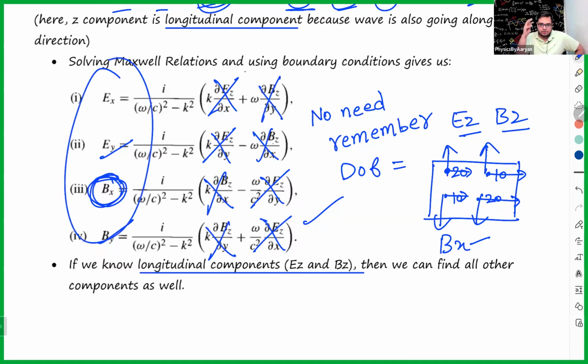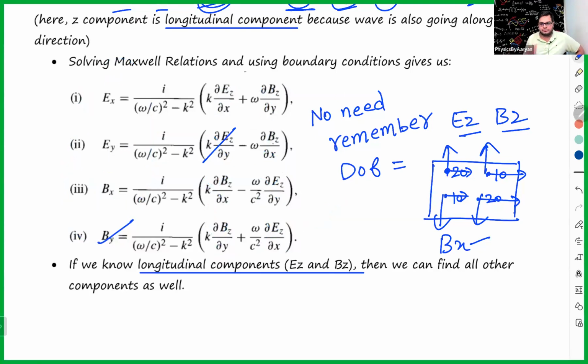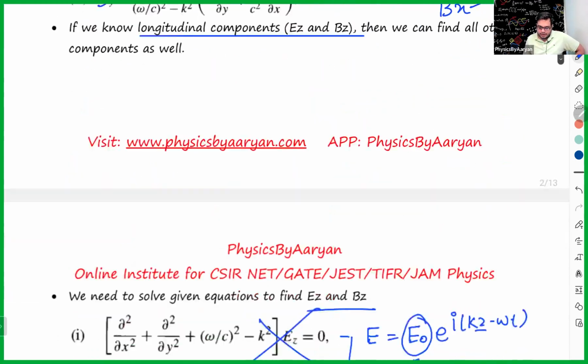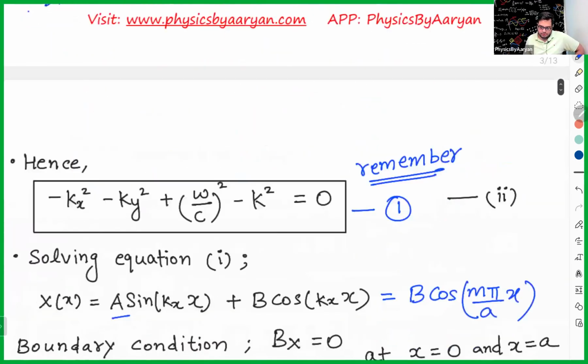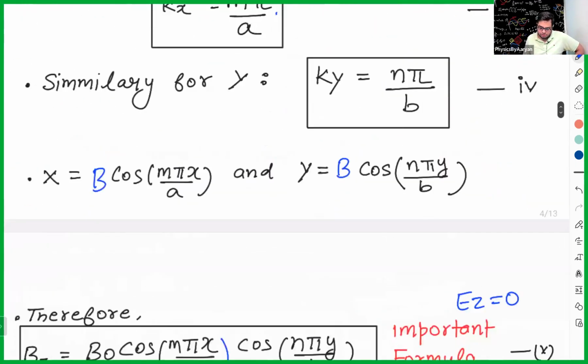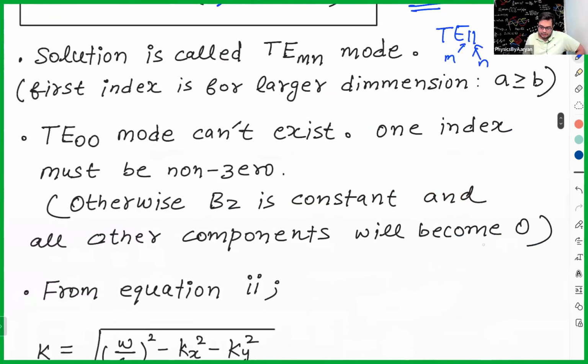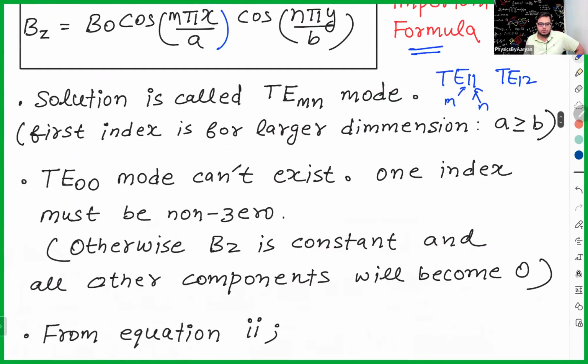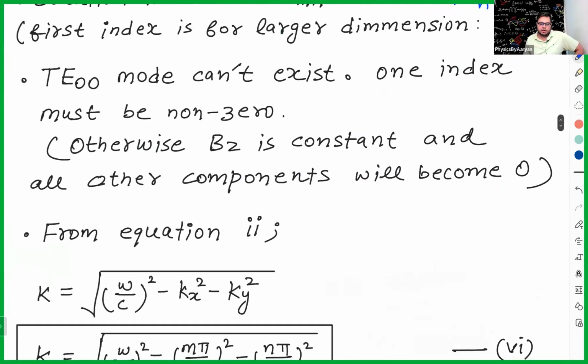Ex 0, Ey 0, Bx 0, By 0. So nothing, the wave is not left anymore. You are just having a constant magnetic field. That is why TE00 wave is not possible. You can never have TE00. At least one of the indices has to be non-zero. Okay.